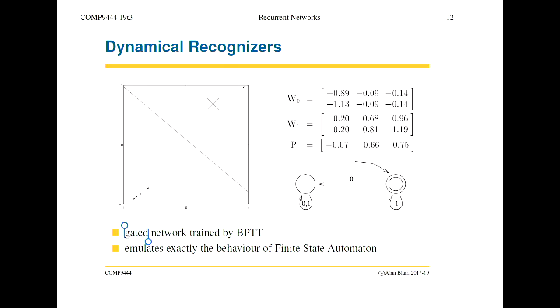If there's a 0, you go back and forth between the 2 states. So in that case you can remember indefinitely, but it's very simple information. You're just remembering whether it's even or odd, one bit of information indefinitely.